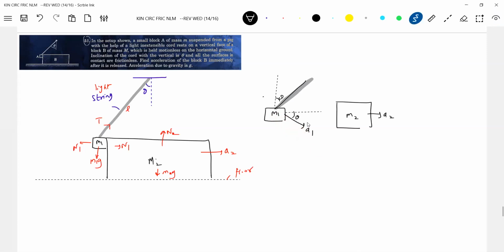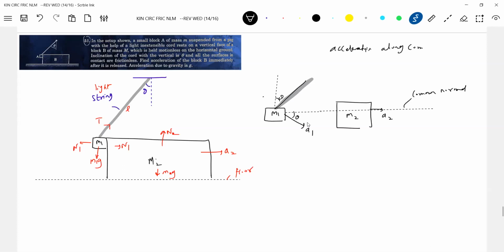Okay, let's write the condition. We can write the constraint equation: acceleration along the common normal must be equal. Extend this line so that it will be easier. This is the common normal.